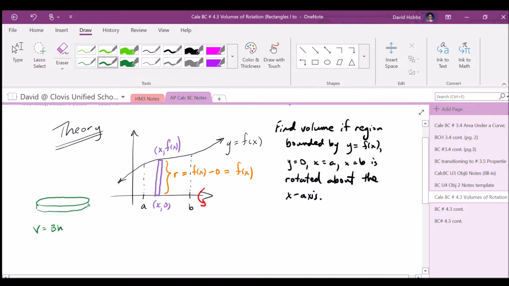If they're horizontal rectangles, then it's going to be a delta y. And the area of the base is a circle, so really this is pi r squared times the height, which is delta x or delta y.